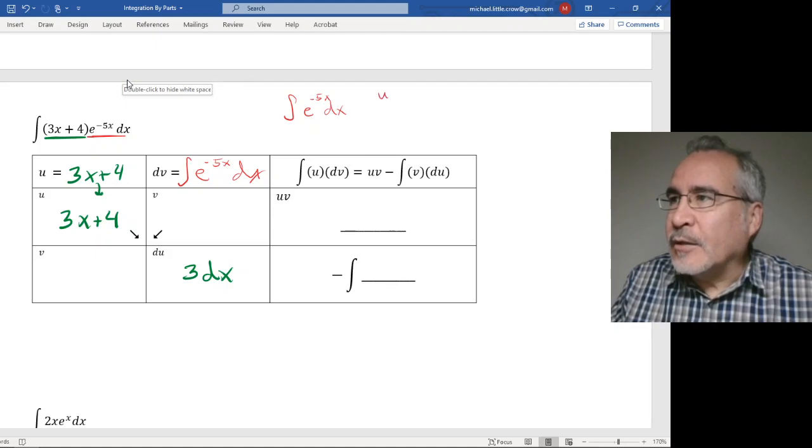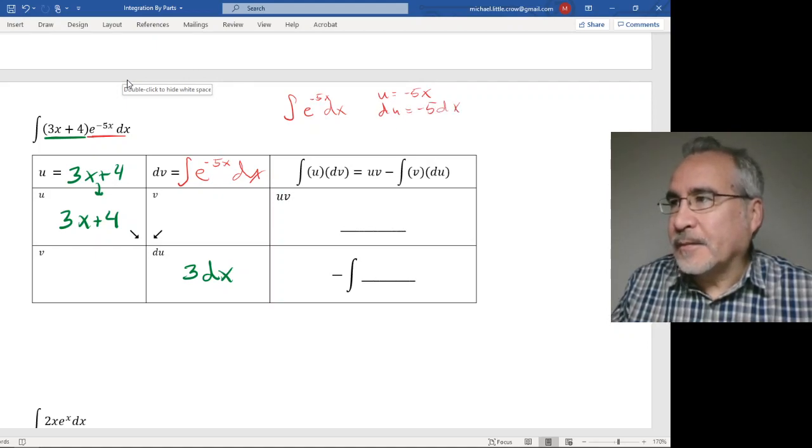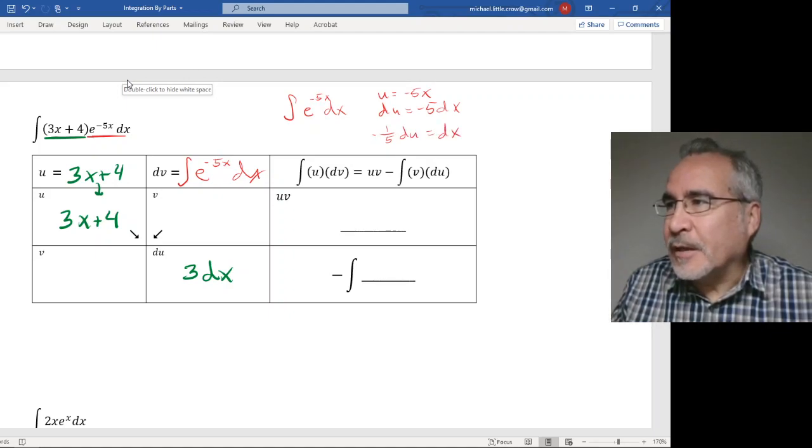So we let u equal minus 5x, then du is minus 5 dx. Divide both sides by minus 5, you get minus 1/5 du equals dx. So with u substitution, we're going to integrate e to the u, because we made minus 5x equal u, and then the dx becomes negative 1/5 du.